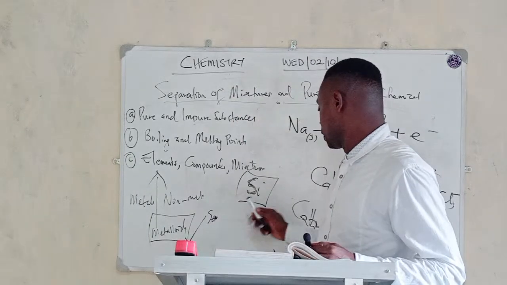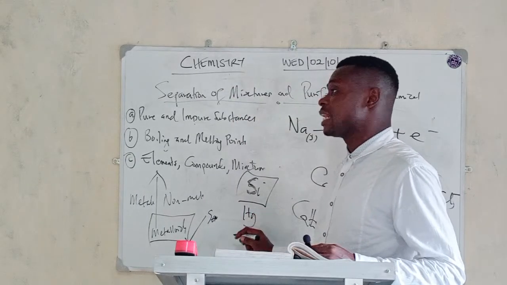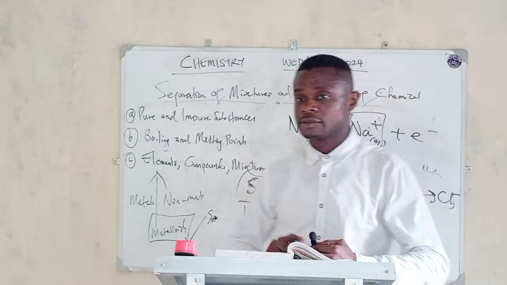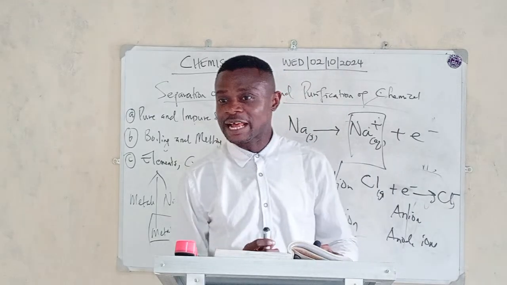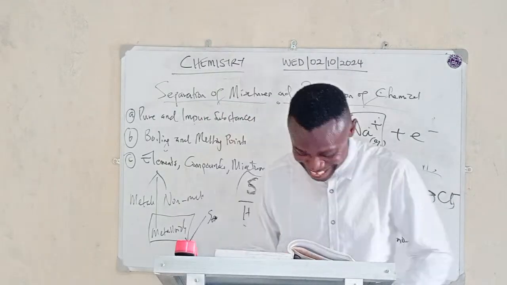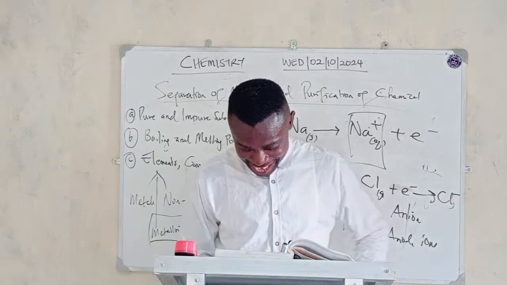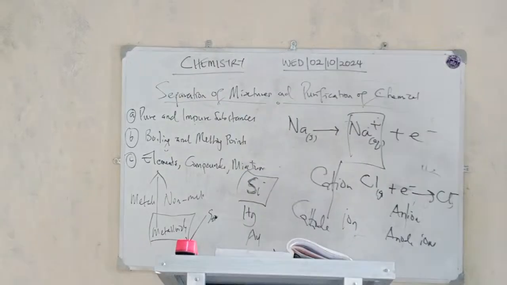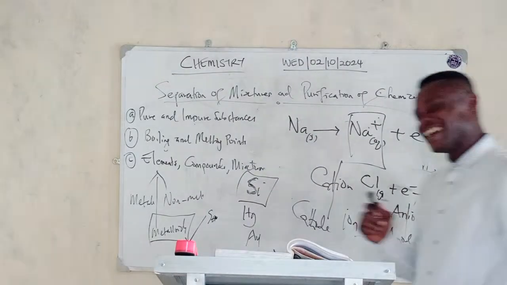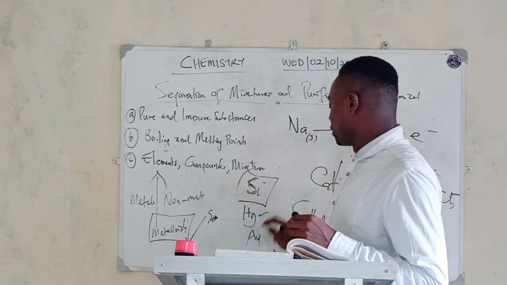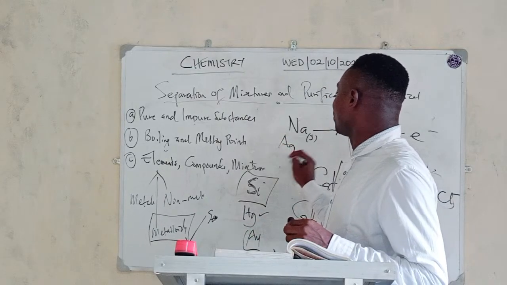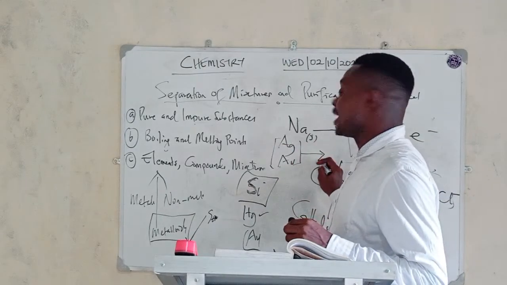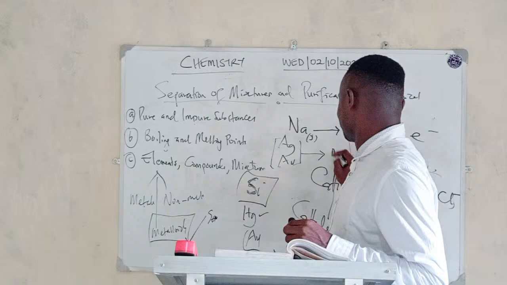Things like mercury, things like gold. Is gold a metal? Okay, gold is a metal.